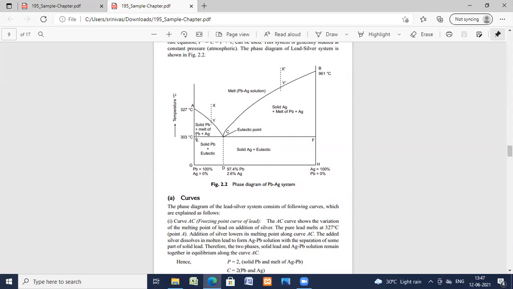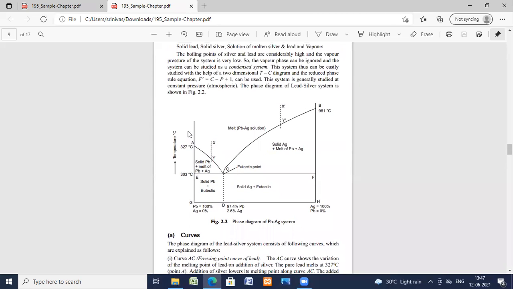So for a two component system, as I've told you, if there is no reaction taking place between the two components, they are completely miscible but there is no reaction. Such two components do not form any compound on solidification, they don't react. They simply form an intimate mixture called eutectic mixture, that is the lead silver system.